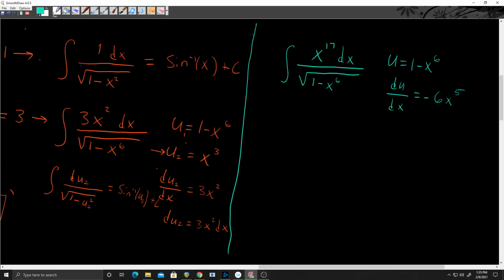From here we can solve for x to the 6. I'm going to add x to the 6 and subtract u from both sides, and I wind up with x to the 6 equals 1 minus u.